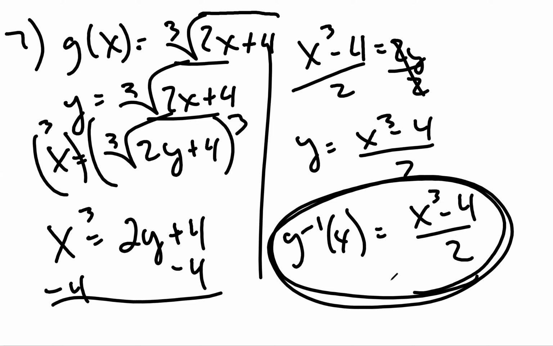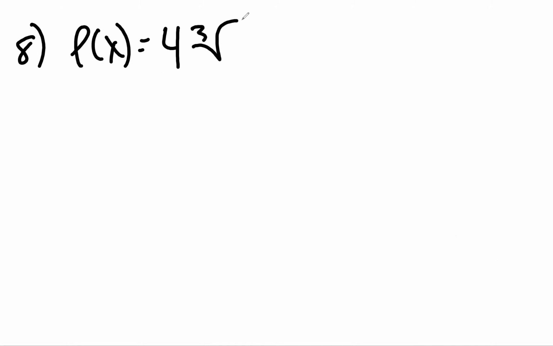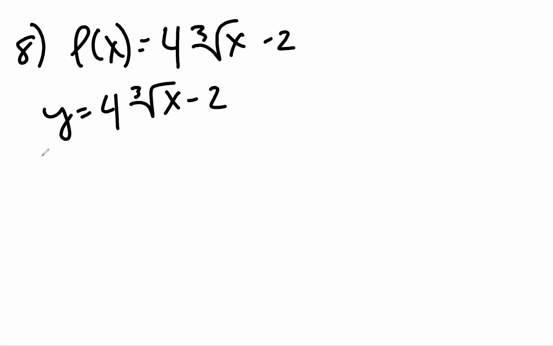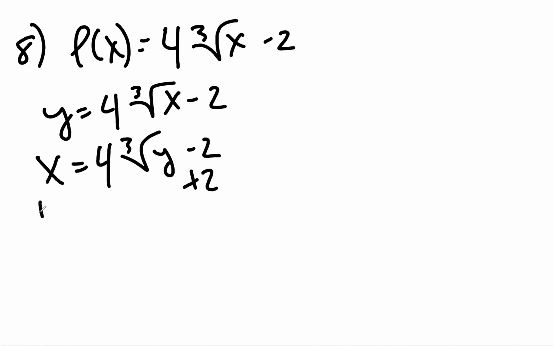All right, number 8. We'll have p of x equals 4 times the cube root of x, and then a minus 2 on the outside. So I'll rewrite this in my y value. I'll switch the x and the y location. And then I say, okay, well, first things first, I'm going to have to add 2 to both sides.